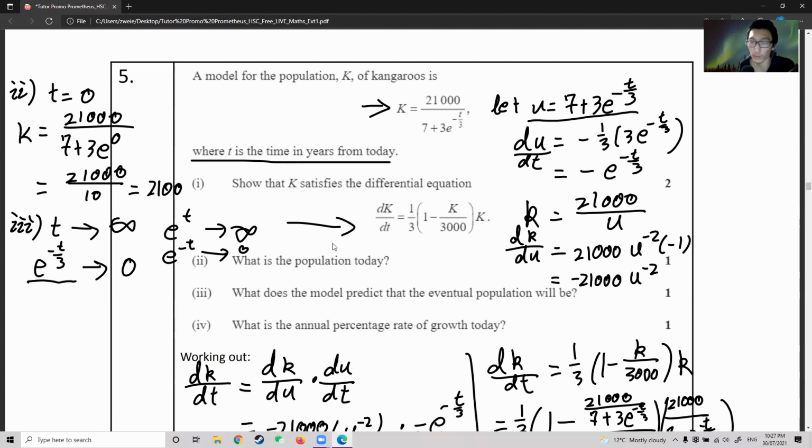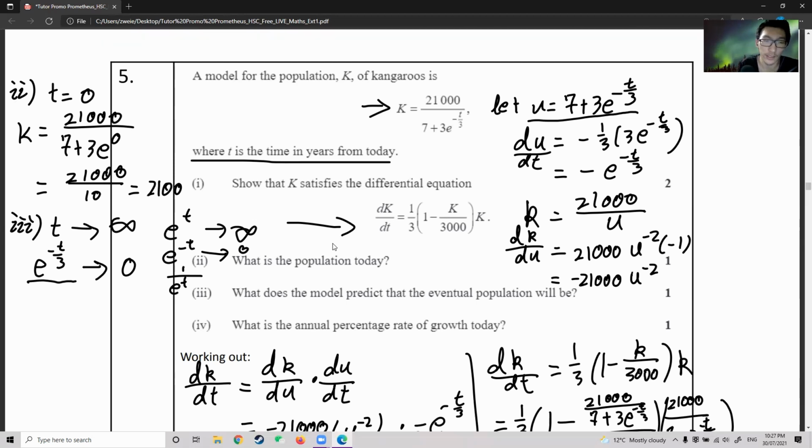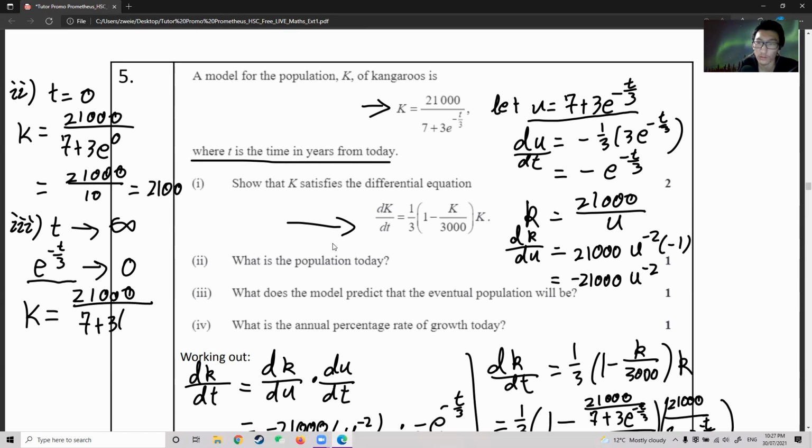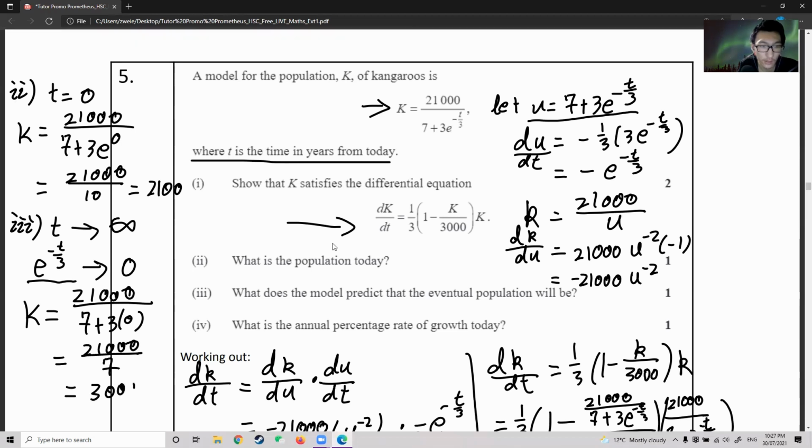You can put it in your calculator: if you put e to the power of negative 9999999, which is 1 over e^t, you will essentially get 0. So knowing that e to the power of negative t on 3 will approach 0, this gives us k equal to 21000 over 7 plus 3 times 0. So what I get is 21000 over 7, which is 3,000.